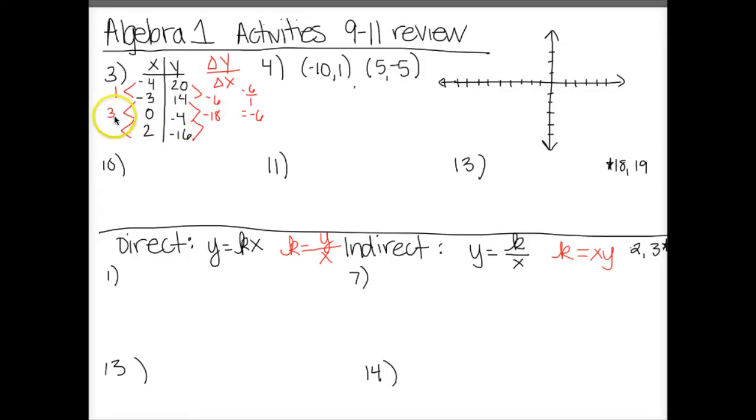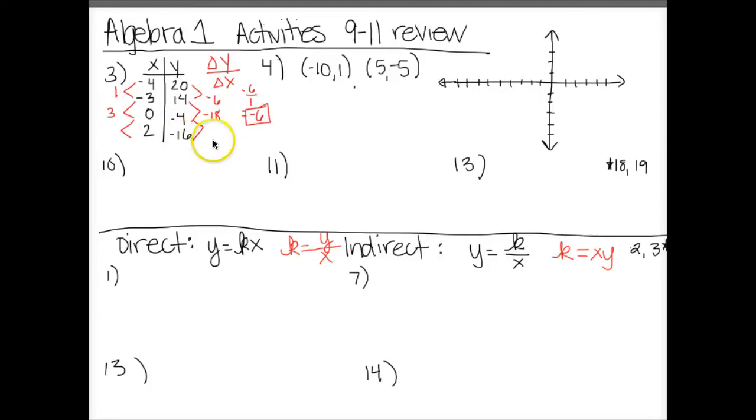Here they are constant because although negative 6 and negative 18 aren't the same, it's still proportional. If I do delta y, negative 18, over delta x, which is 3, I get the exact same thing, negative 6. The same thing is true with this last pair.